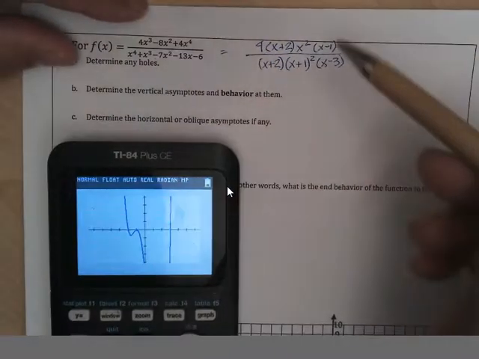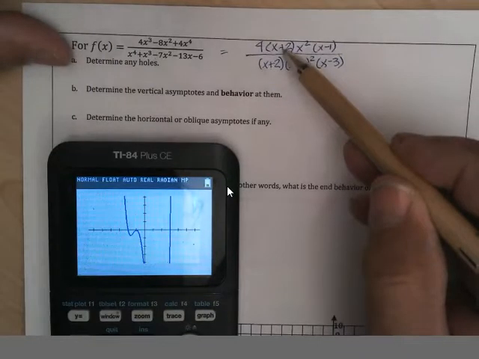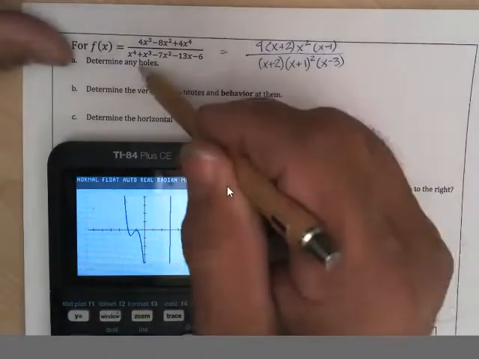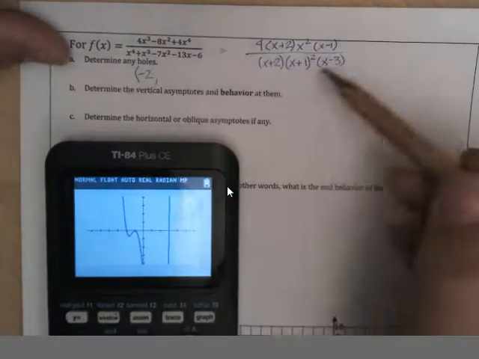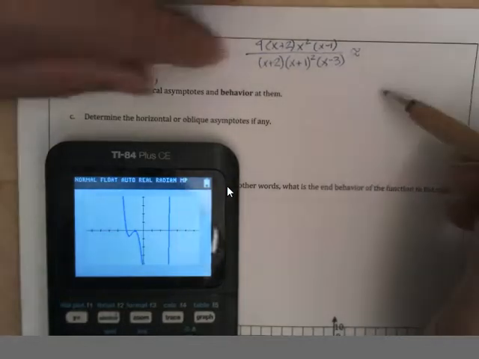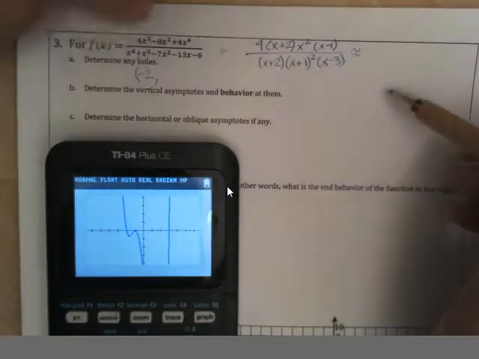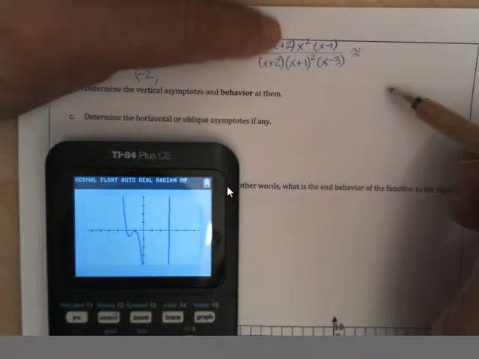Now to determine a hole, if we got a factor in the denominator that's also in the numerator, that's usually a hole, and that would happen at -2. And to find the hole, I have to put -2 into the graph that looks like this graph would, except without the hole.